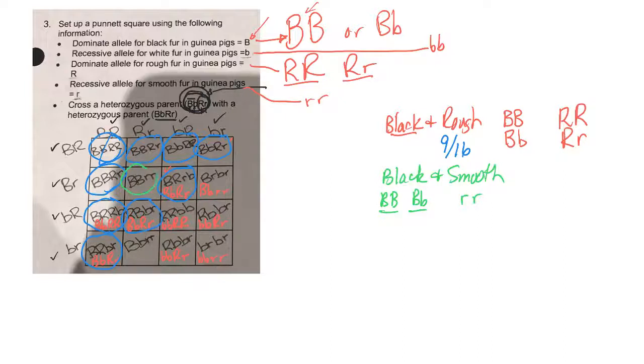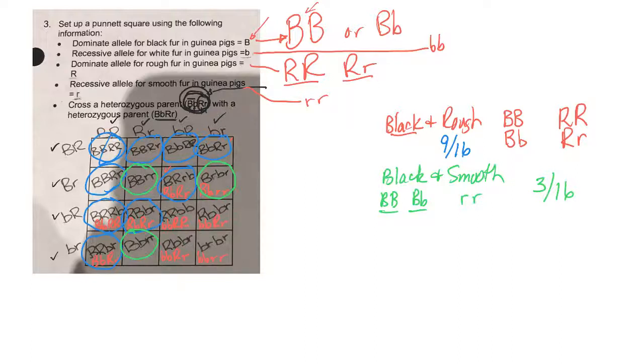Oh, there's one right there. Here's one right there. A big B and 2 little r's, right there is another one. Big B, 2 little r's. Those are the only ones, 3 of them. So 3 out of the 16 are going to have black and smooth.